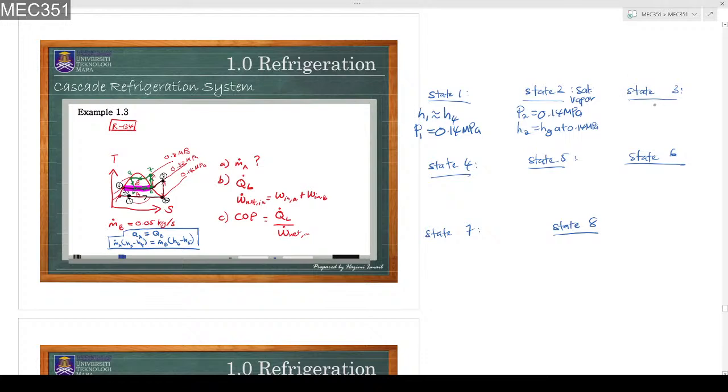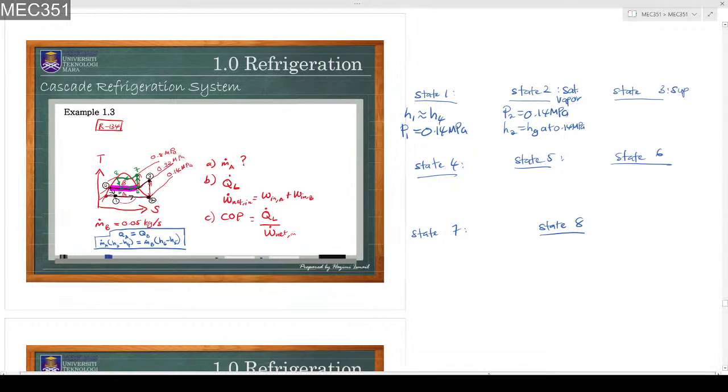And state 3. From the TS diagram it is already shown that this is superheated. P3 is at the middle line, so it is 0.32 MPa, according to the question.